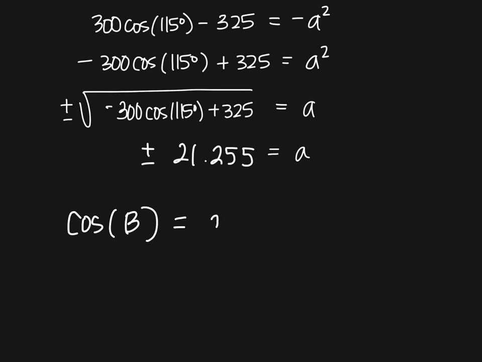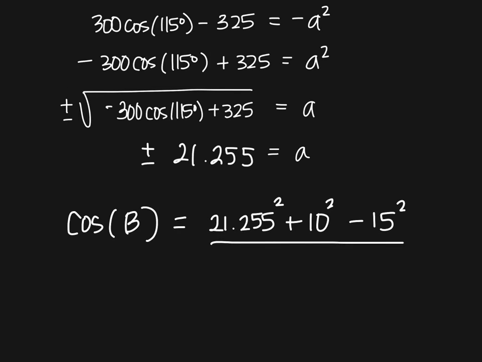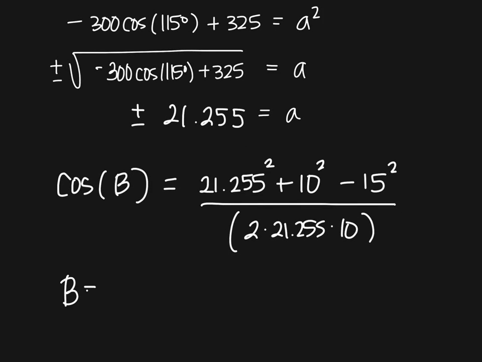Cosine B would be 21.255 squared plus 10 squared, minus 15 squared, over 2 times 21.255 times 10. This time I do need the capital, so I'll need the inverse. So I'll have inverse cosine in big parentheses around the smaller parentheses that I had from before.